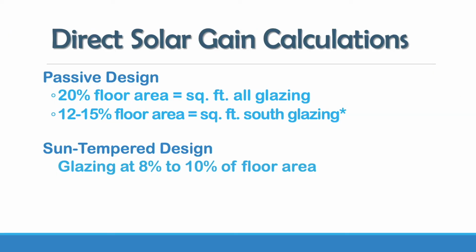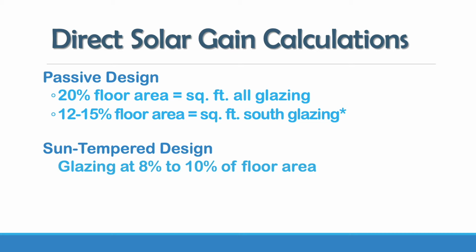The calculation for direct solar gain for passive is that we want 20% of the floor area to equal the square feet of all glazing. Again, if you remember at the beginning, if we keep our glazing to these sort of numbers, we save 10 to 20% on our energy.